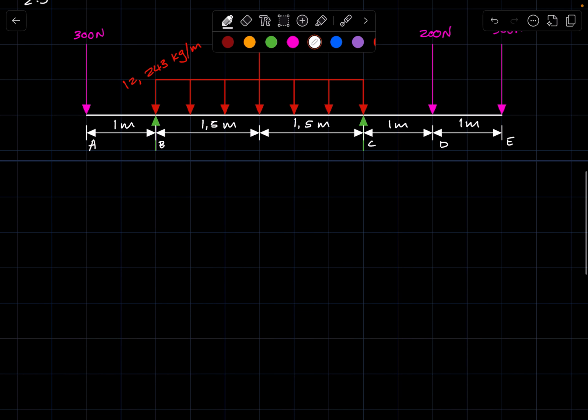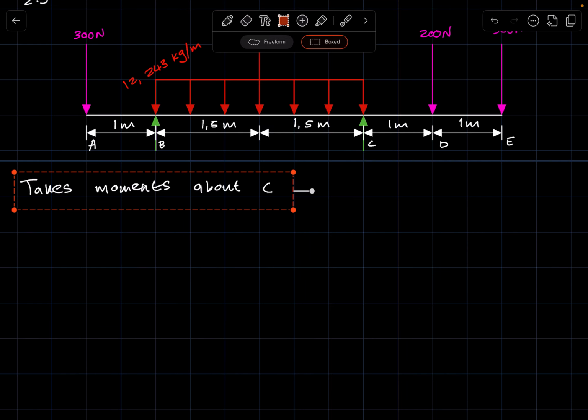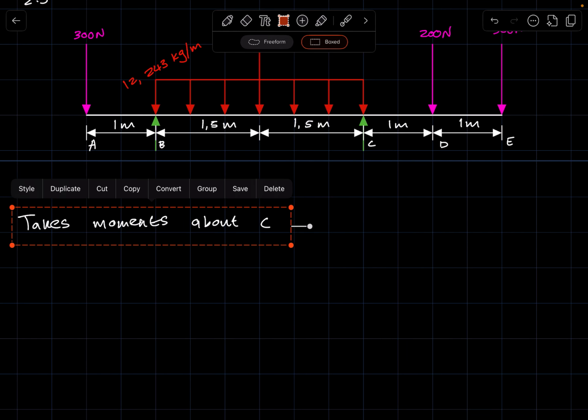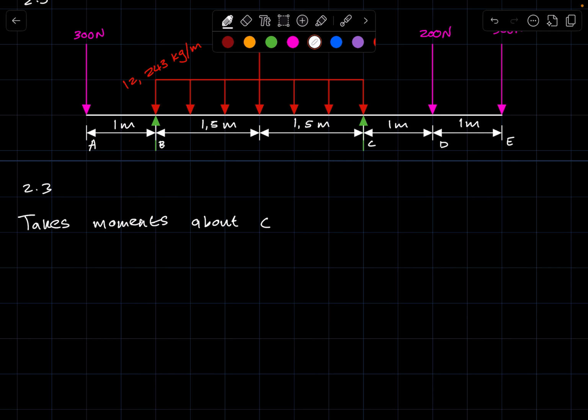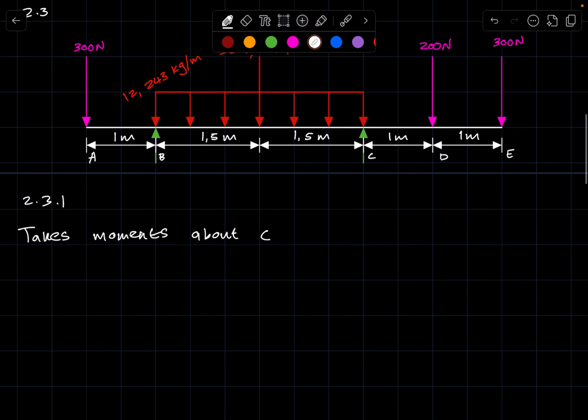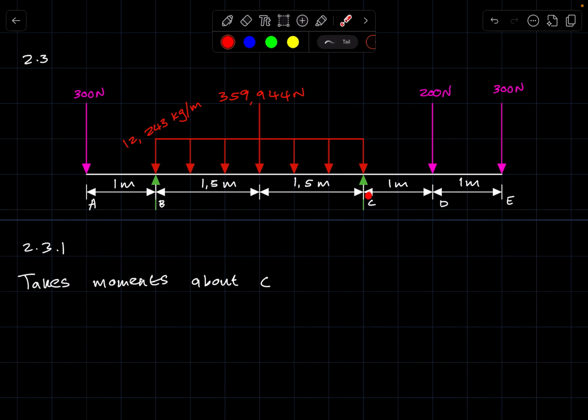So we say take moments about C, so that we are able to calculate the reaction at point B. So this is 2.3.1.